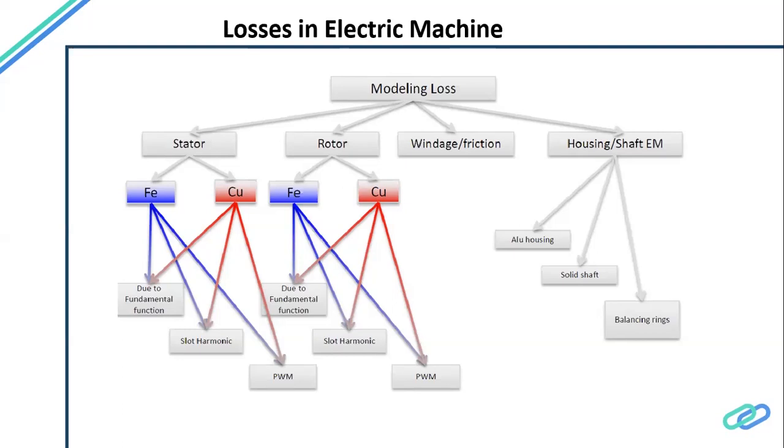The losses that any machine has, by and large we can categorize into three to four areas: stator, rotor, friction, windage, and some shafts and housings. Mainly copper, and the predominant ones are copper loss, the I squared R loss, and the iron loss. These losses we need to keep in control when we design, especially when we are using PWM techniques.